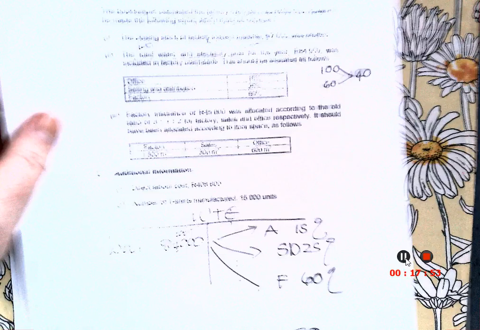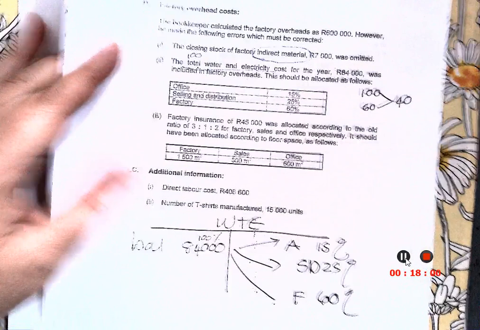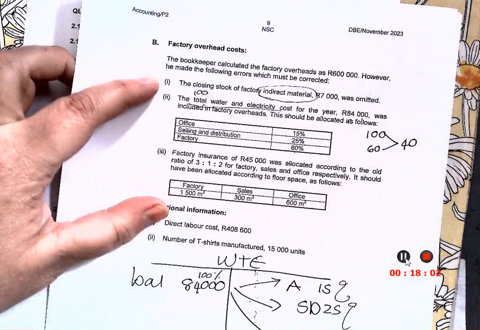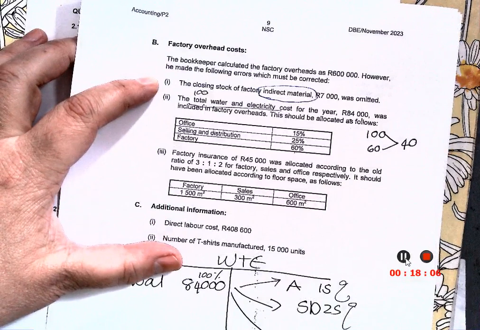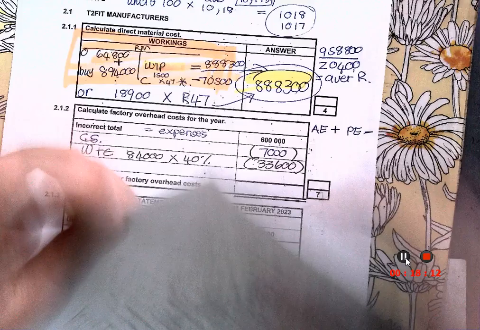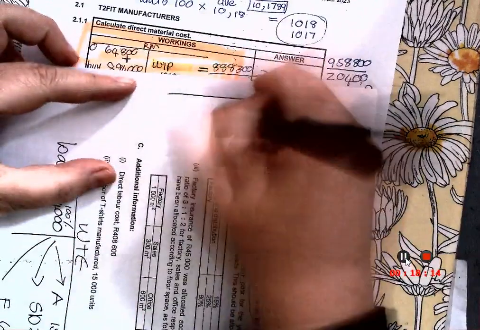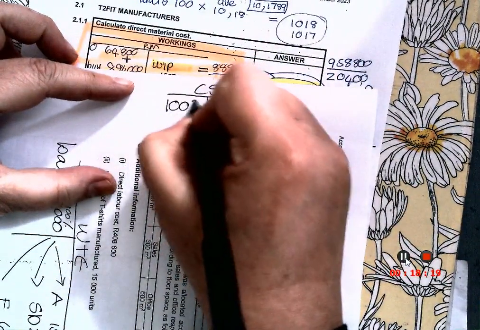Then I still have a question. Going back to indirect material. They say it's the closing stock, so it's the one that's not used. But then they say it's omitted, so why are we minusing it if it's omitted? Okay, so in other words, if I look at my consumable stores, I have 100% here.